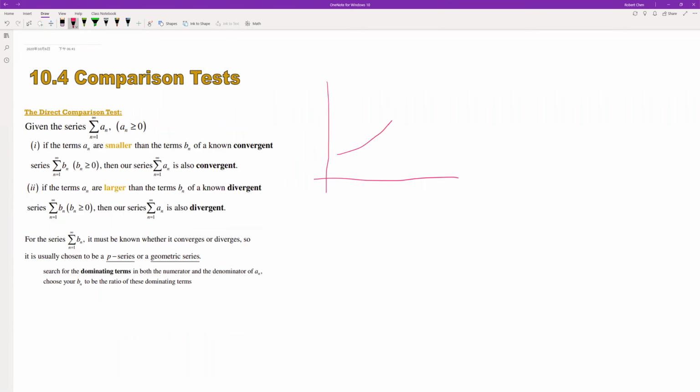All right, so I have two series, let's say AN and BN. What the direct comparison test says is, if the terms AN are smaller than terms BN, so AN is less than BN, then if AN diverges, BN will diverge.